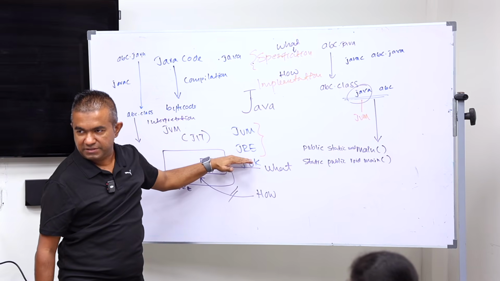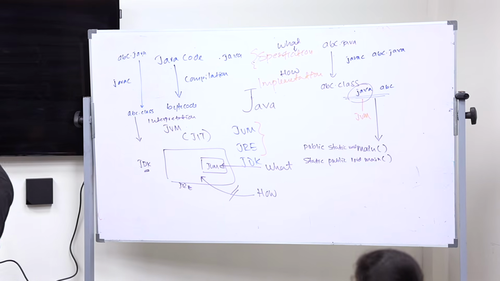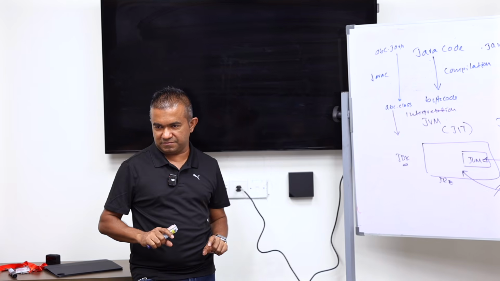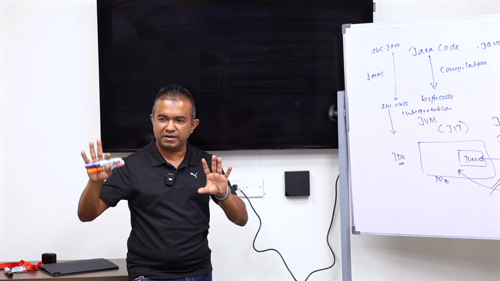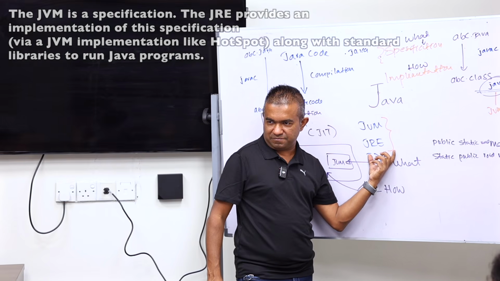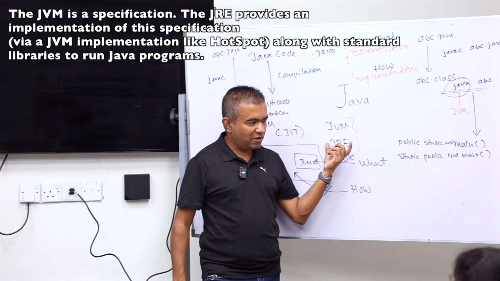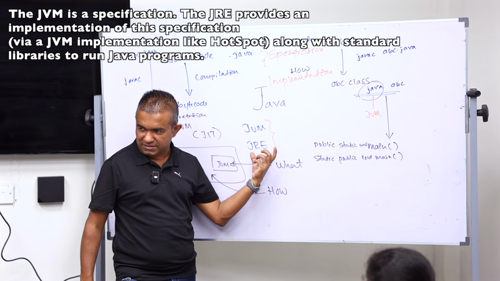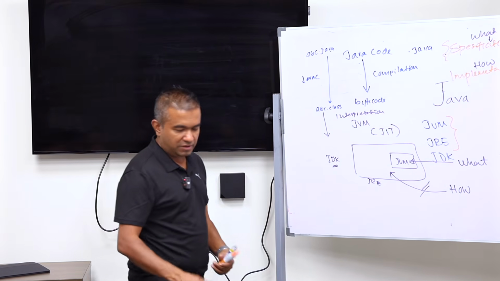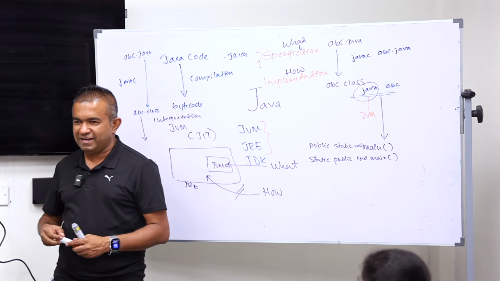JVM specifies how the Java program runs, how the memory mapping and handling and everything works. JRE supports that specification. There is no specification for JRE; it implements this specification. Now we're clear, right? So when you say JRE contains JDK, that is not true, that is wrong.